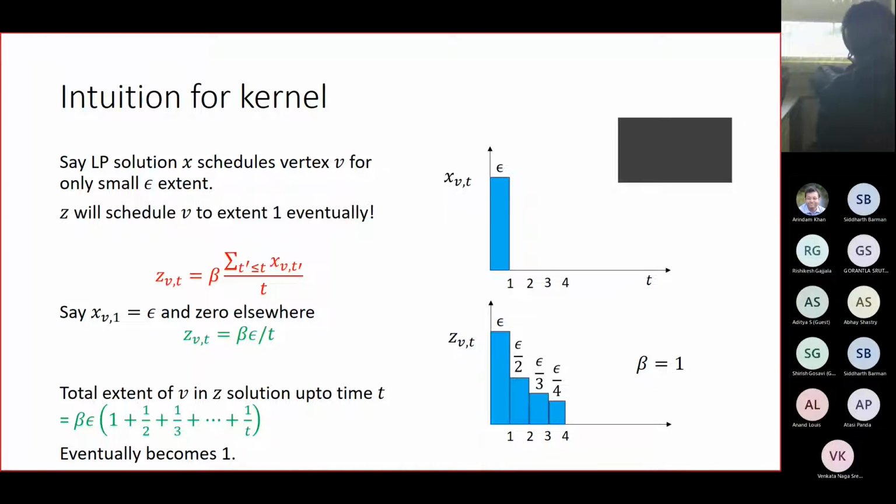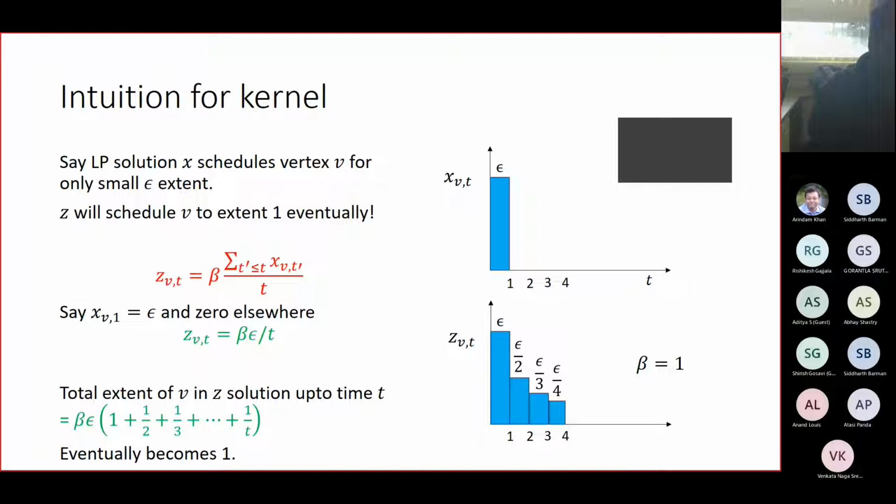The reason we choose this kernel is really guided by the problem. For set cover, the IP solution might schedule the vertex to a very tiny extent. In fact, maybe you have a set S of size 1000, and every vertex is scheduled to extent of 0.001. Since the extents are really tiny, if you want them to become big, you have to use this kernel which decays slowly.